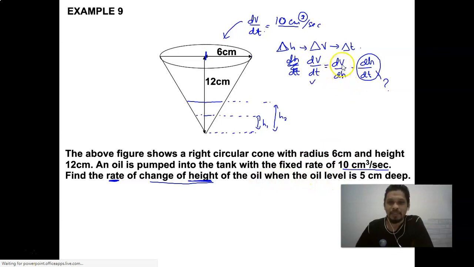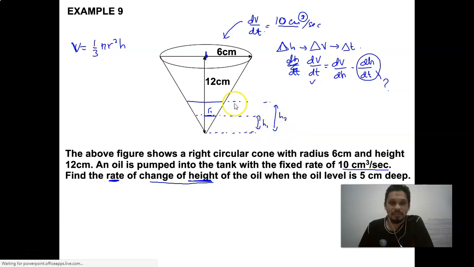But for dV/dH, we need to find the volume of this cone. V equals 1 over 3 pi r squared h. Class, because the tank is a cone, at every single height H1 it gives us a different radius R1.